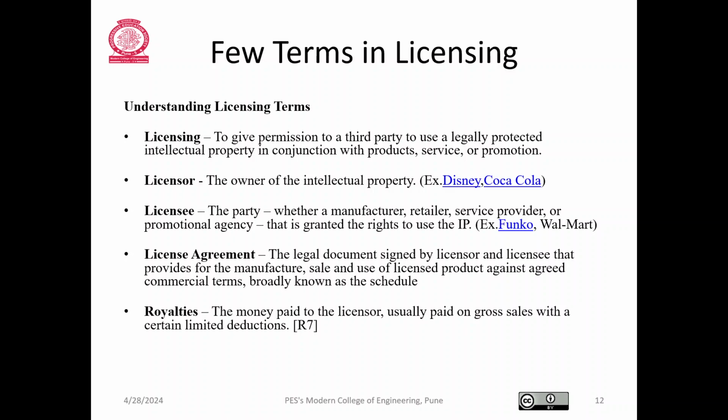The royalties, the money paid to the licensor, are usually paid on gross sales with certain limited deductions. So royalties are basically the amount paid to the licensor by a licensee for the usage of that IPR.